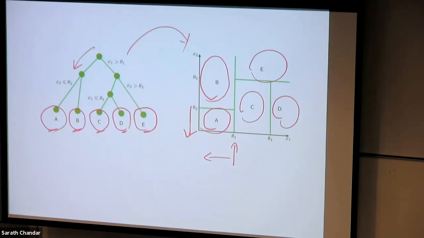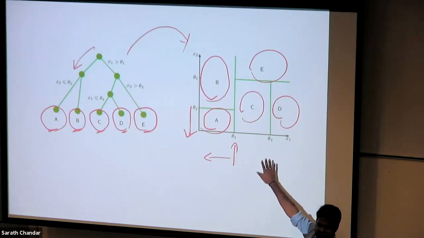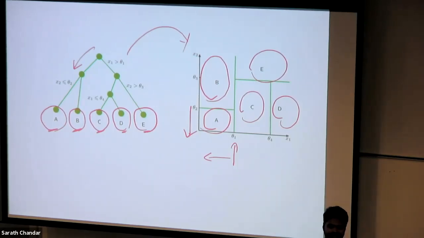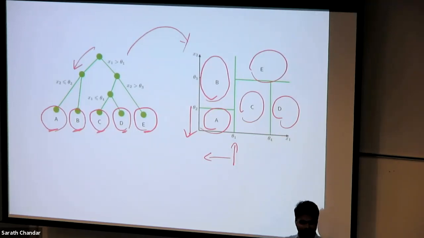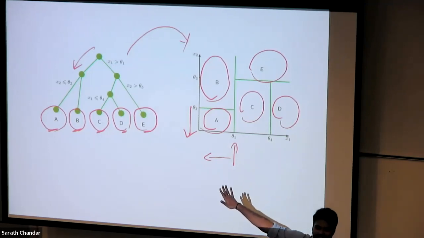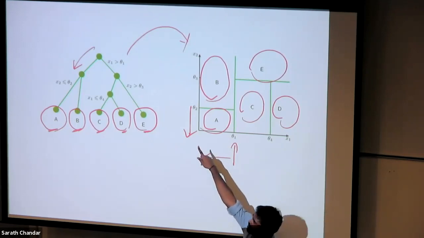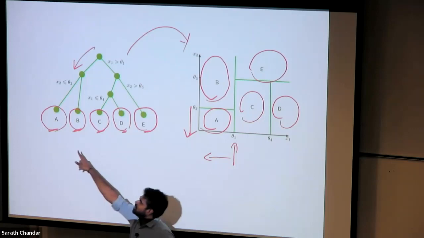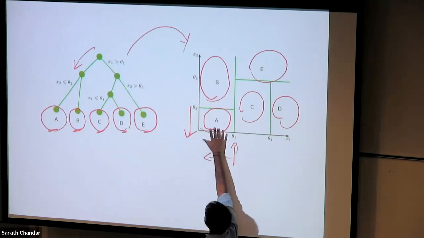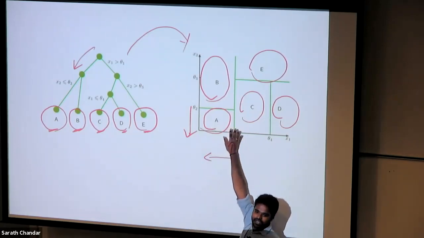So what is happening here? My decision tree takes the entire space of the data set and divides it into 5 different regions, 5 different partitions. All that my decision tree is trying to do is, starting from the root, it traverses a path and reaches one part of the data set, and for that particular part, we know the answer.